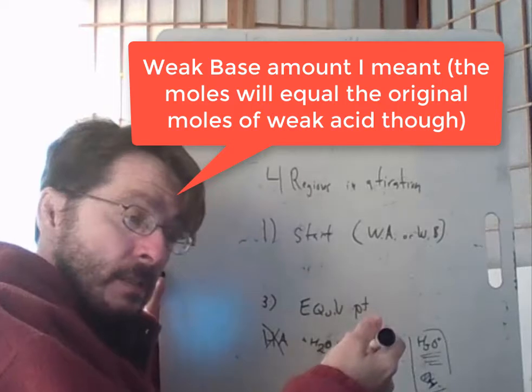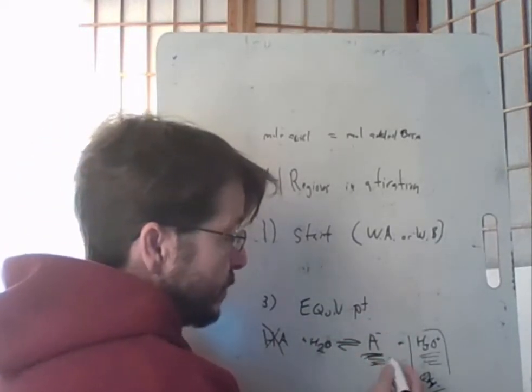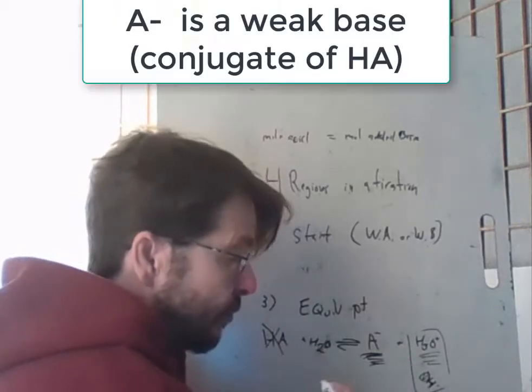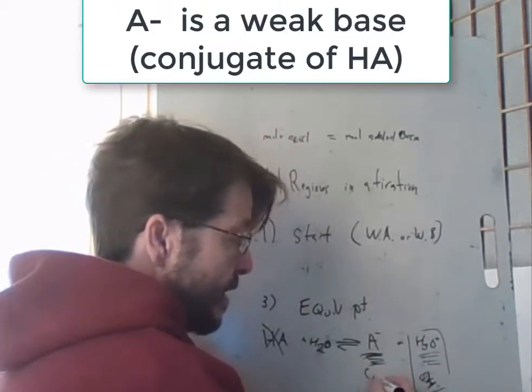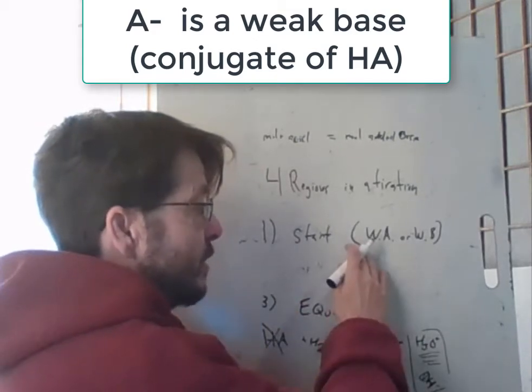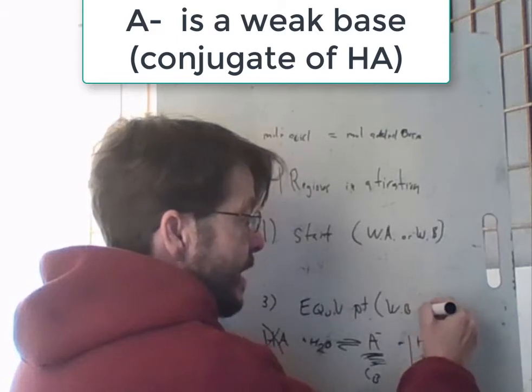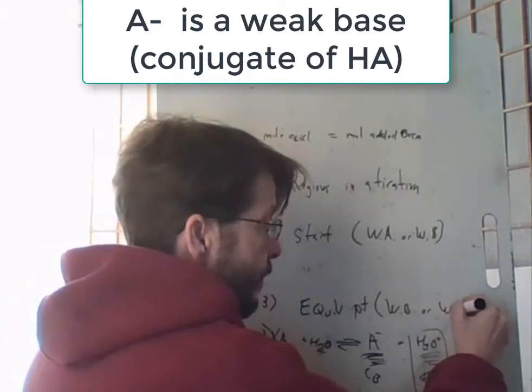That's Chem 1. But what we've seen is that if you just dissolve this in solution, it will reattain equilibrium. This is a conjugate base. At the equivalence point, if we started with a weak acid, it is also now the conjugate, the weak base, of the weak acid.